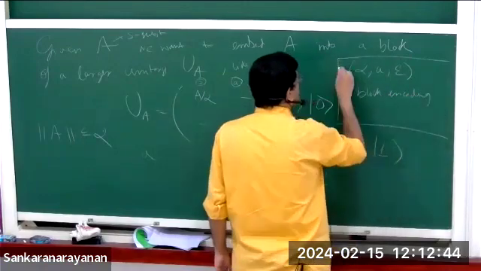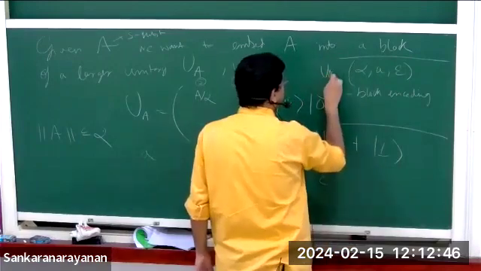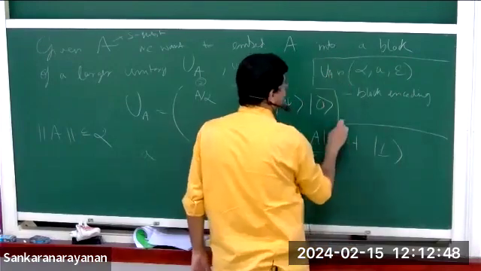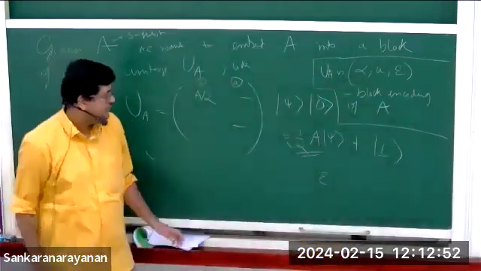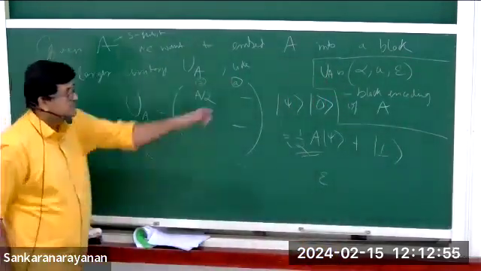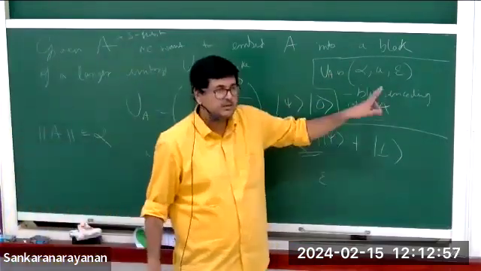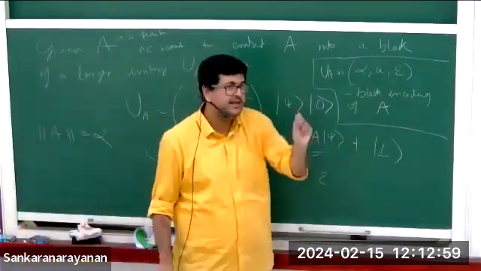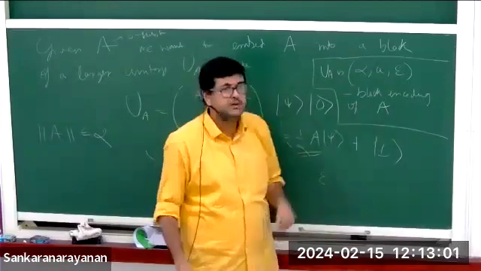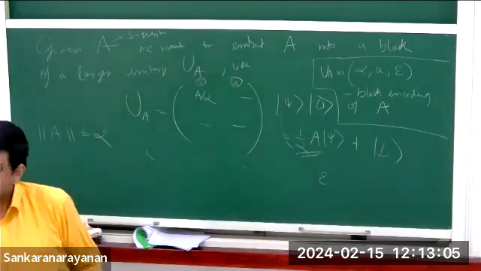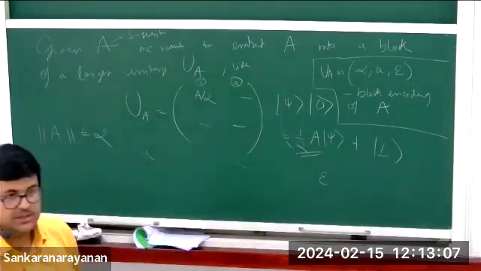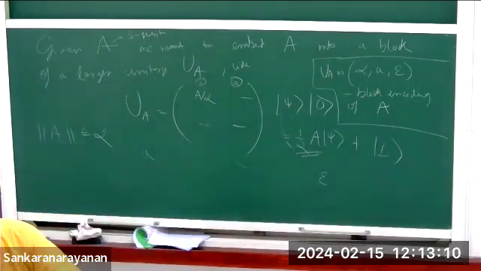So U_A is a block encoding of A. The reason I'm not defining epsilon is because a little bit more technicality is required to define it. But you can think of it like this: just as in the Hamiltonian simulation case, there will be some error when we are doing these sorts of things, because we are implementing it probabilistically.